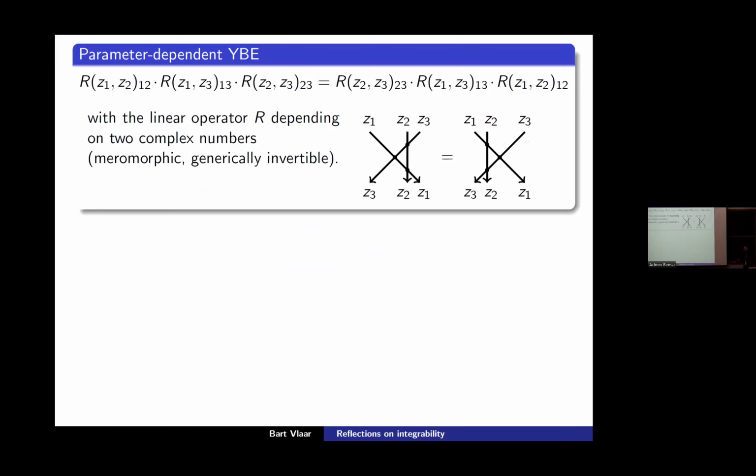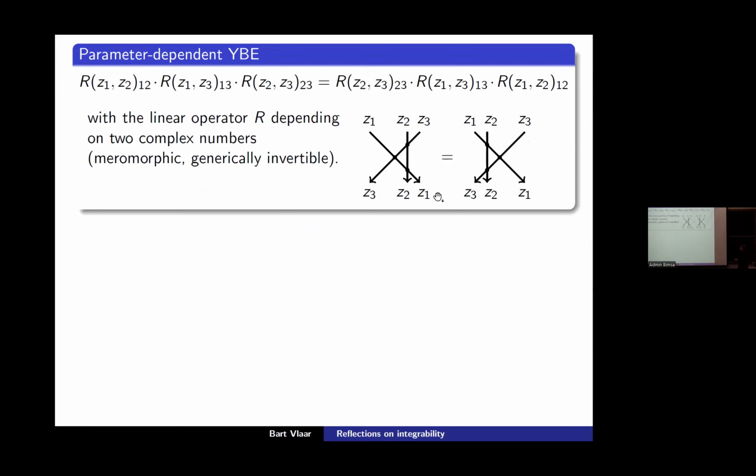Okay, there's a slight variation on this, which is important enough to mention here. The R matrices might depend on complex numbers, let's say 2 complex numbers, which we associate to these lines. They may be a function of the momenta, for instance. So they are preserved: particle 1 keeps this value Z1 along the line, also after scattering.